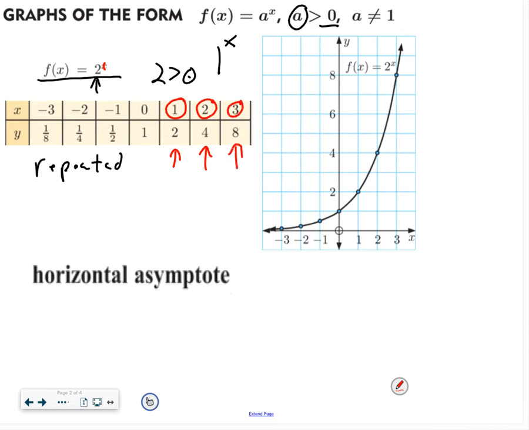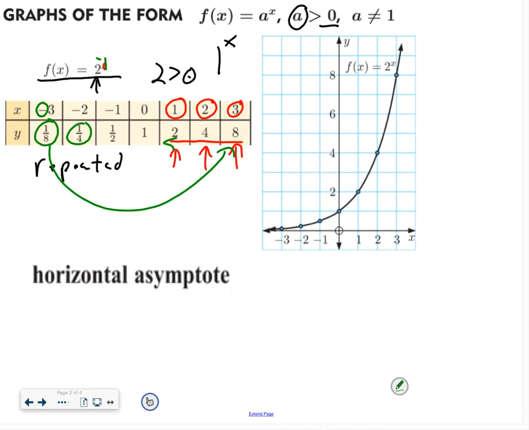Noticing the pattern that it's doubling every time, in order to go the other direction, we're always just going to be dividing by 2. So 2 to the 0 is 1. 2 to the negative 1 is going to be 1/2, since 1 divided by 2 is 1/2. Dividing 1/2 again, you get 1/4, and then you get 1/8. Notice that these are just reciprocals because of our negative sign here.